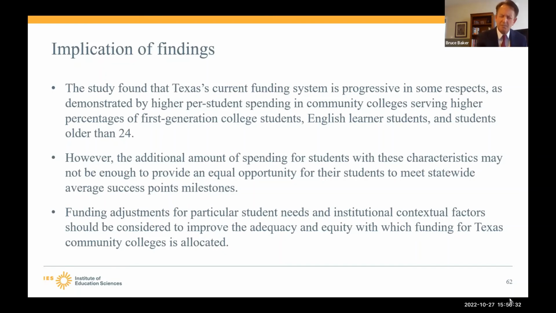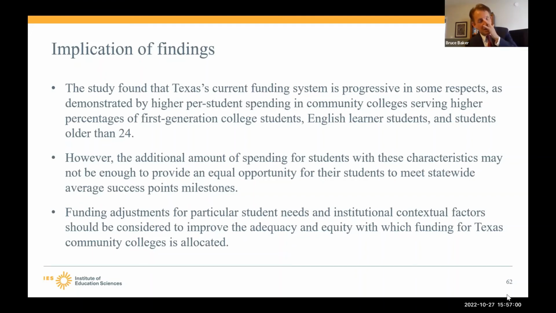And we're able to line up the existing funding against what should be, to be used as a basis for adjusting the funding, either directly or through the success points model, to give more equity in the ability of these institutions to achieve success with the students they serve.